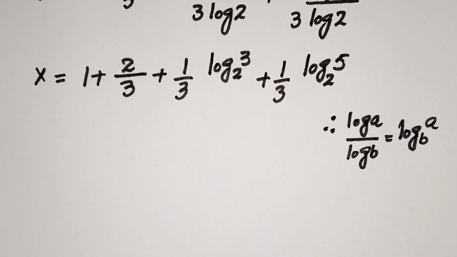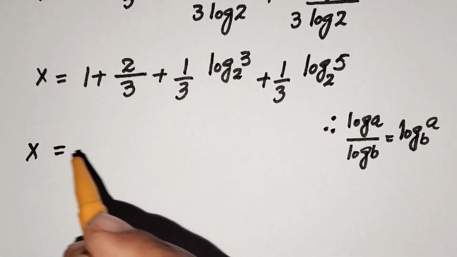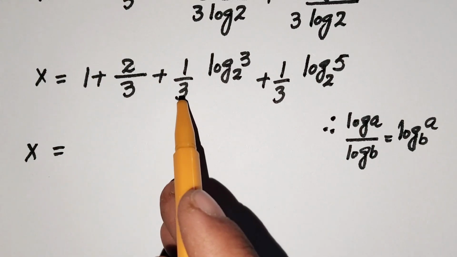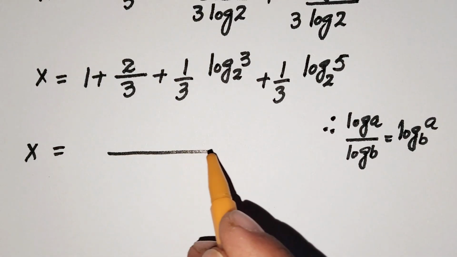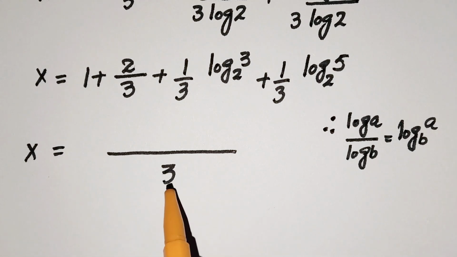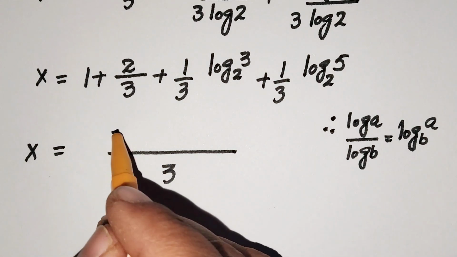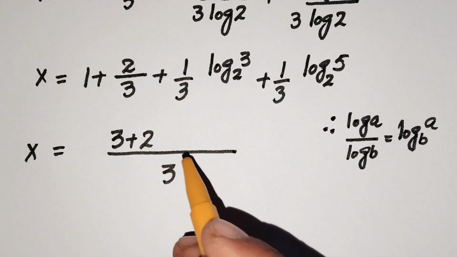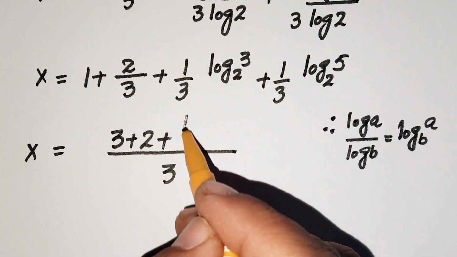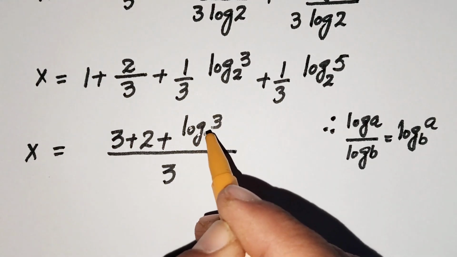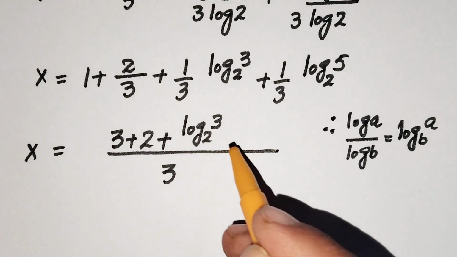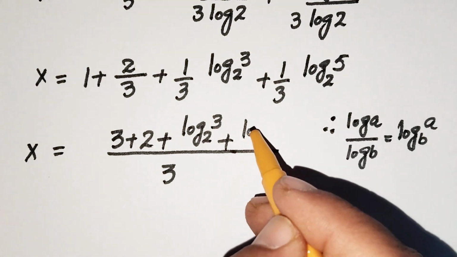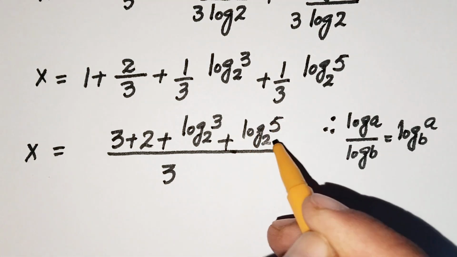So now if we take the LCM on our right hand side, which is 3, then when we multiply this 3 with 1, we get 3, plus 2 here since the 3 can be cancelled out, plus log 3 to base 2, and plus log 5 to base 2 after cancelling the 3s.